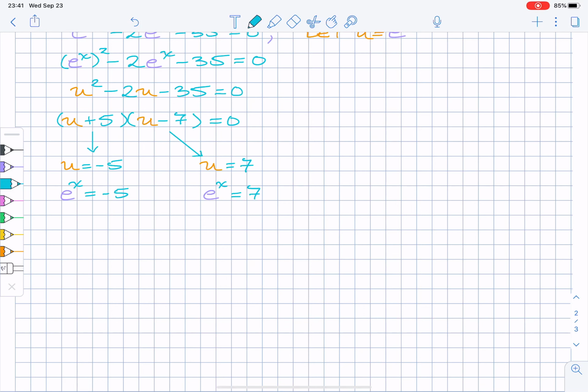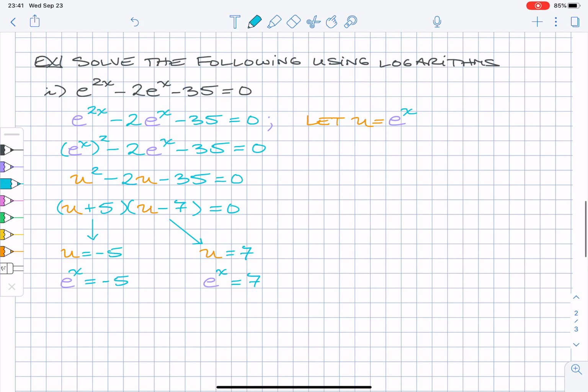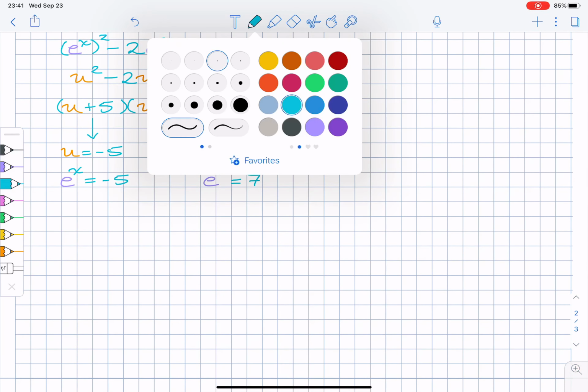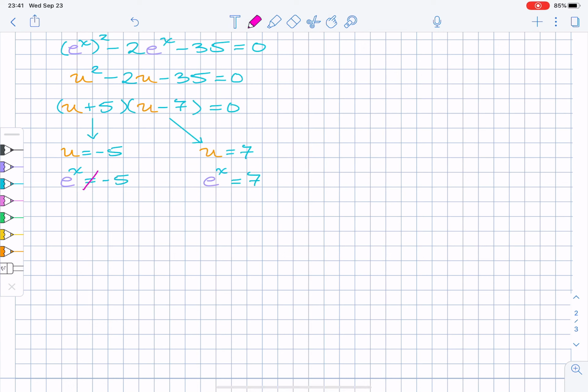Now you'll recall the graph of an exponential function is asymptotic to 0, meaning it's always larger than 0. So this is impossible. This is a no solution over here. No solution over there.